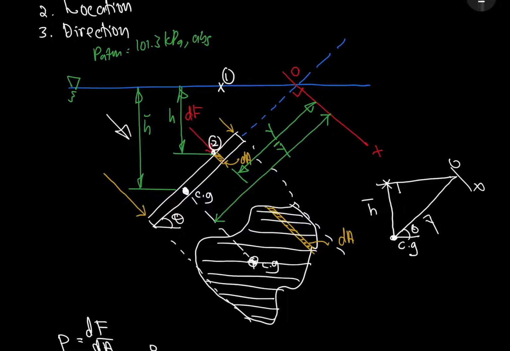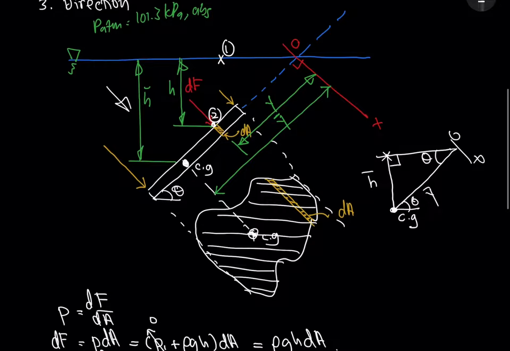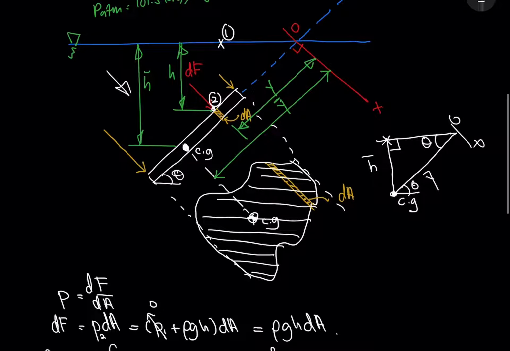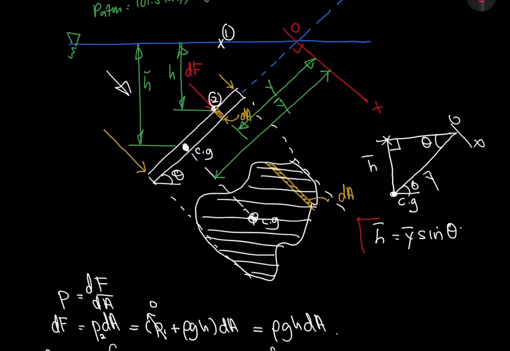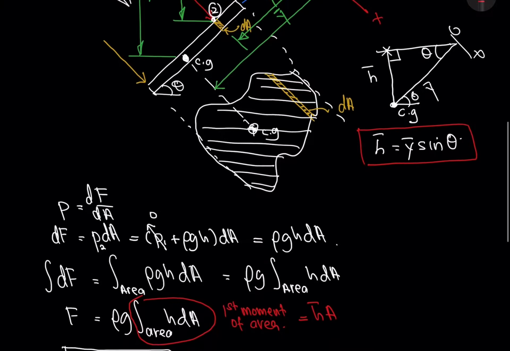This is 90 degrees, so you have another theta on the other side. The relationship between h bar and y bar: h bar is equal to y bar sine theta.